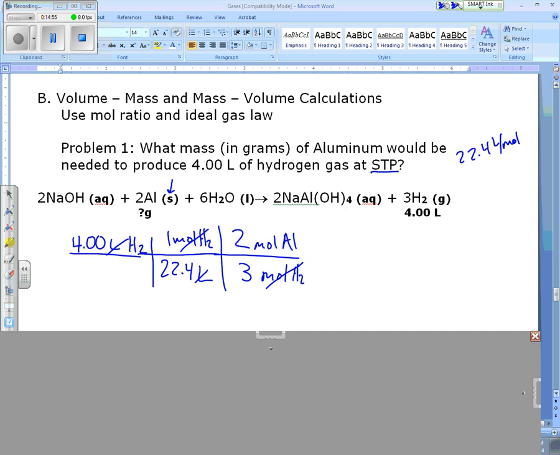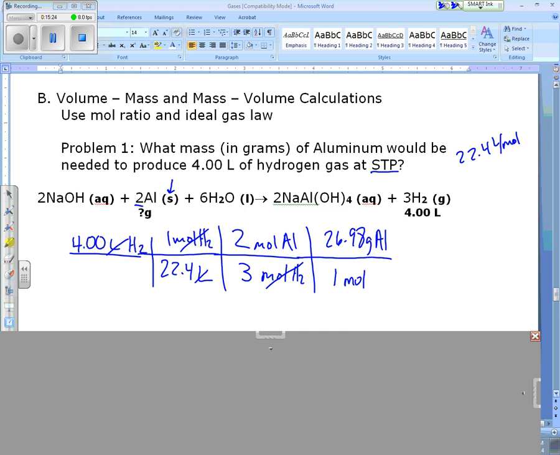Now I just have moles of aluminum, but they want grams of aluminum. How do I go from moles to grams? Molar mass. So from the periodic table, aluminum is 26.98 grams per mole. Mole is on top, so mole has to go here. And in 1 mole, there are 26.98 grams of aluminum. Remember, when you are doing molar mass, you do not take into account coefficients.